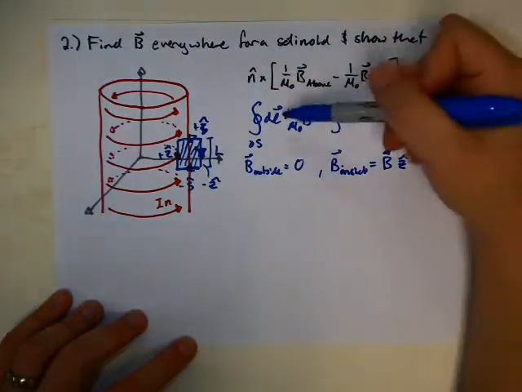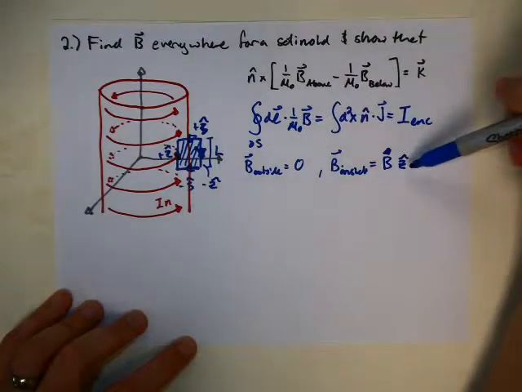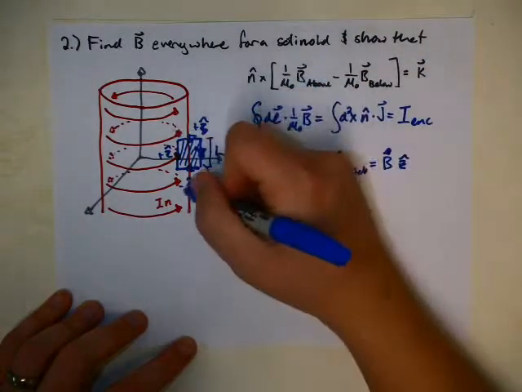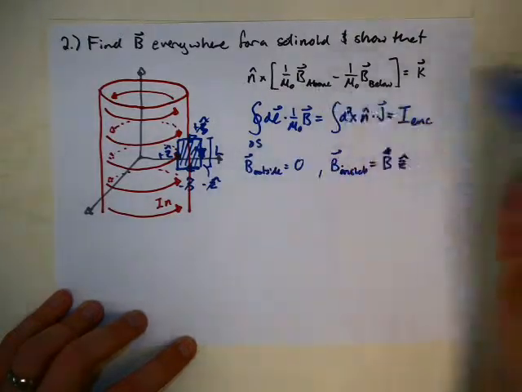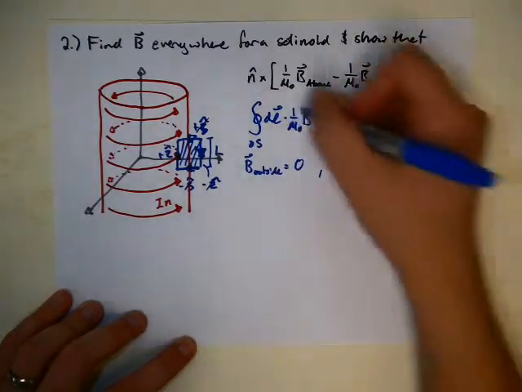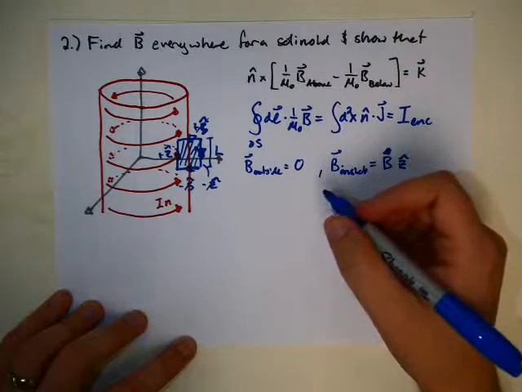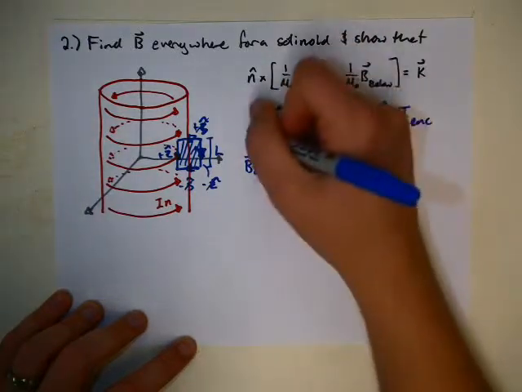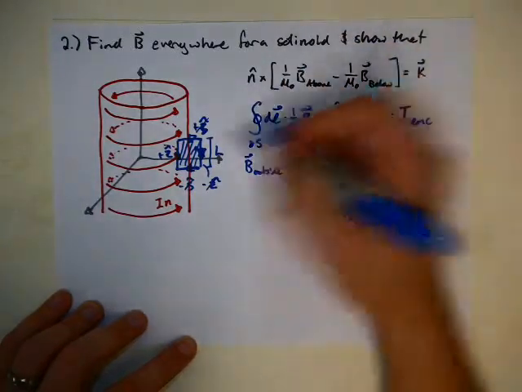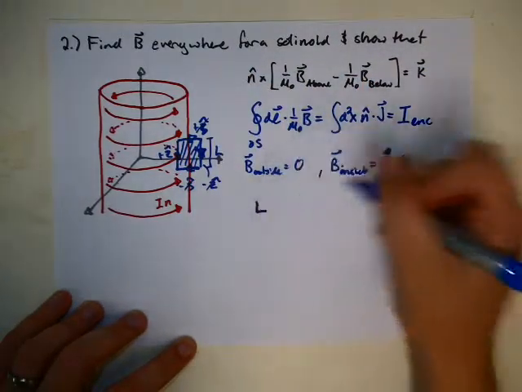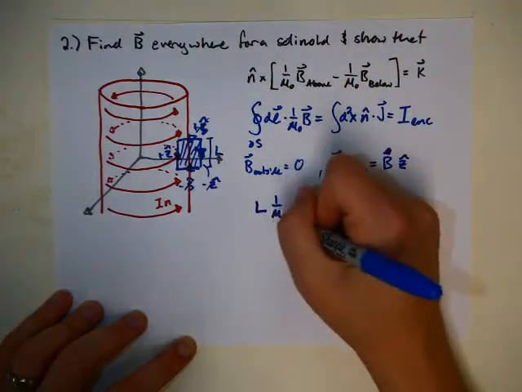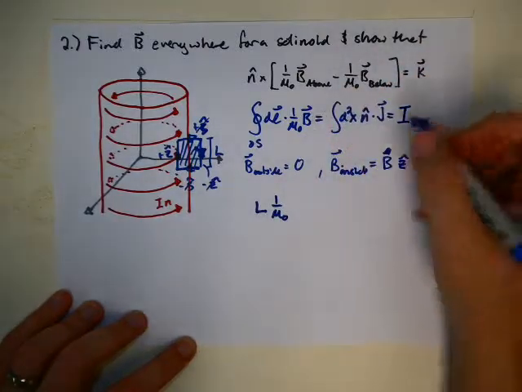When I take the dl dot B, since B is only in the z hat component, I don't have to worry about these two, and since B is 0 outside, I don't have to worry about that one. And so this line integral on the left-hand side is only going to give me, since it's constant, it won't change as a function of z, this is just going to be L, 1 over mu naught, and then B is B.